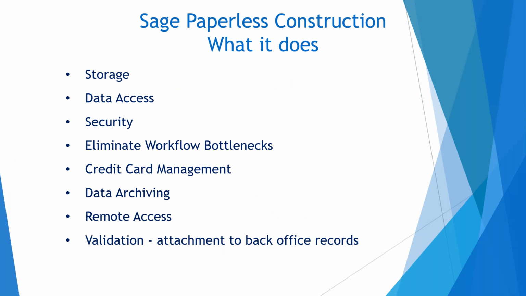I'm going to show you how Sage Paperless, that's just one of the many things that Sage Paperless can help do. But essentially, it allows you to store documents where there's one copy. It's secured by password, so for sensitive documents, only certain people can see them. It has a really nice credit card management feature where you can capture receipts in the field on a phone app, and they feed back into the office where you can download credit card transactions and match them up.